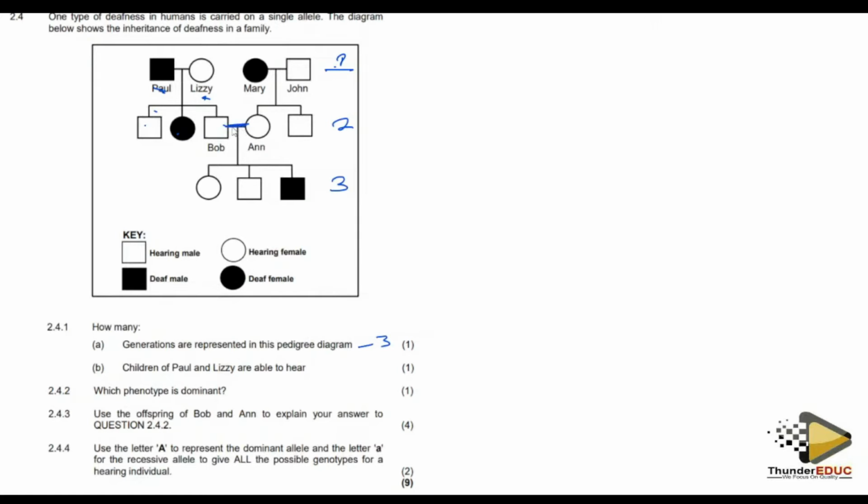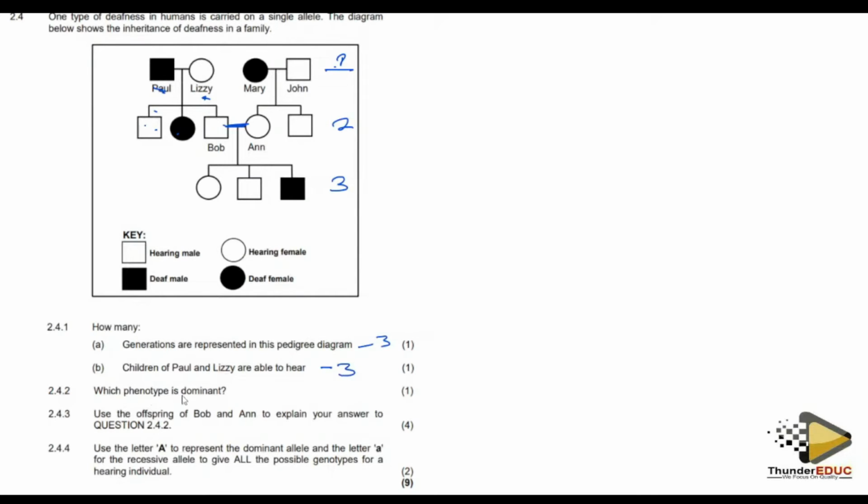This means interbreeding or sex is happening, or marriage or cross, whatever you can describe it. So there are three individuals. So the answer is 3.